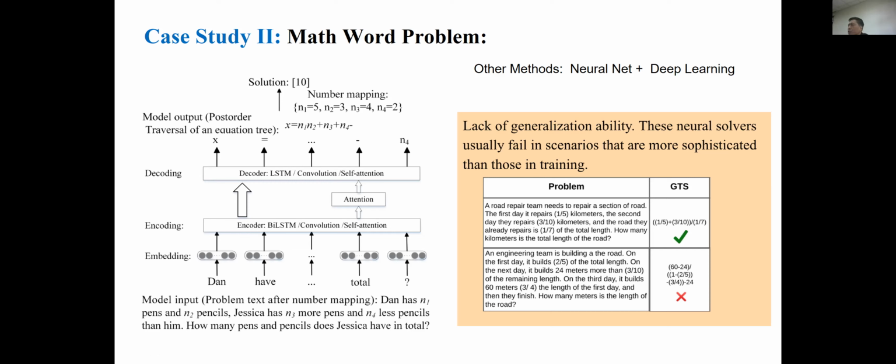These neural network solvers can fail in scenarios like this: this is a problem that is solved correctly, because we realized they can find a similar problem in the training set. But if you change it a little bit, it can be confused.